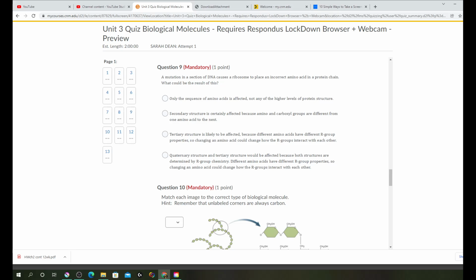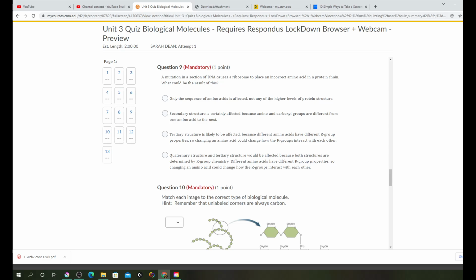Secondary structure is certainly affected because amino and carboxyl groups are different from one amino acid to the next. Maybe secondary structure could be affected by a mutation, but not for this reason, because the amino and carboxyl groups are a repeating backbone, the same from one amino acid to the next. It's the R groups that are different.